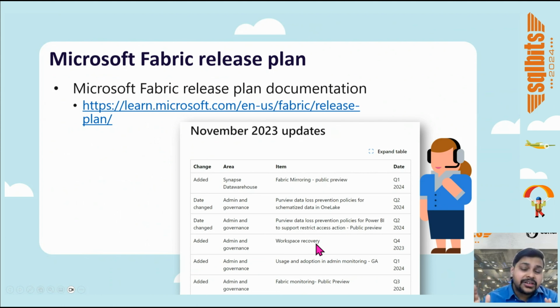There are certain organizations that have such strict rules. So you need to know when those things are coming in Fabric so that you can explain them to your users. That's why the Fabric release plan is very important. How you, as a COE team, bring the release plan into your talk is very important.